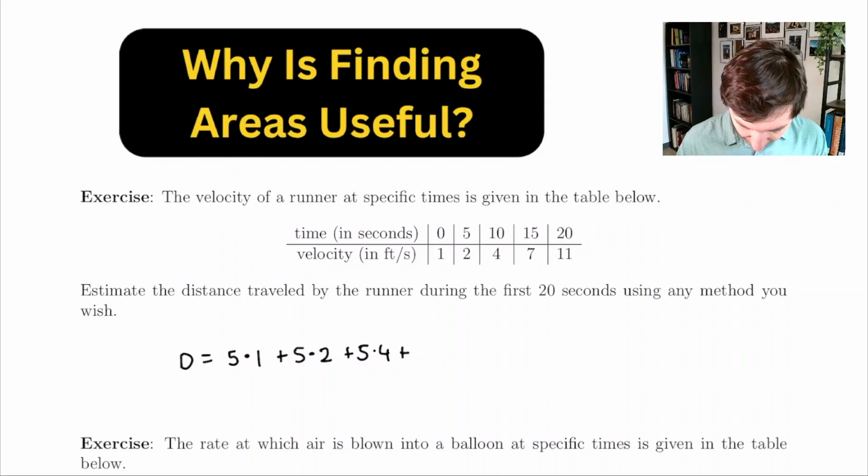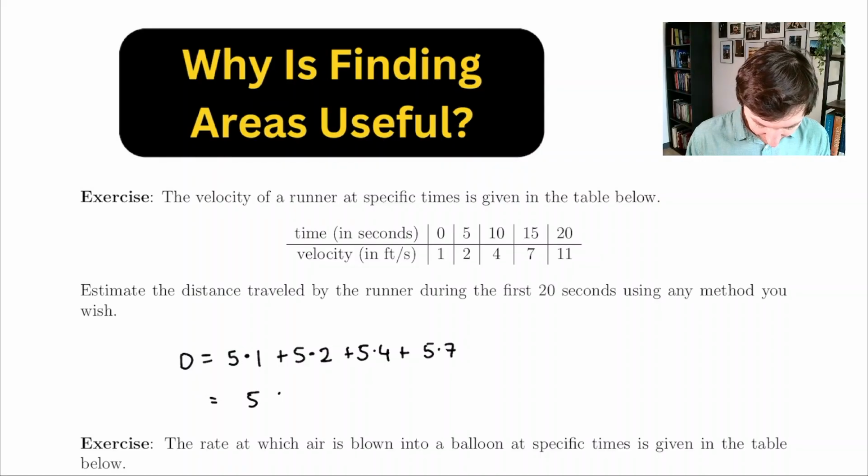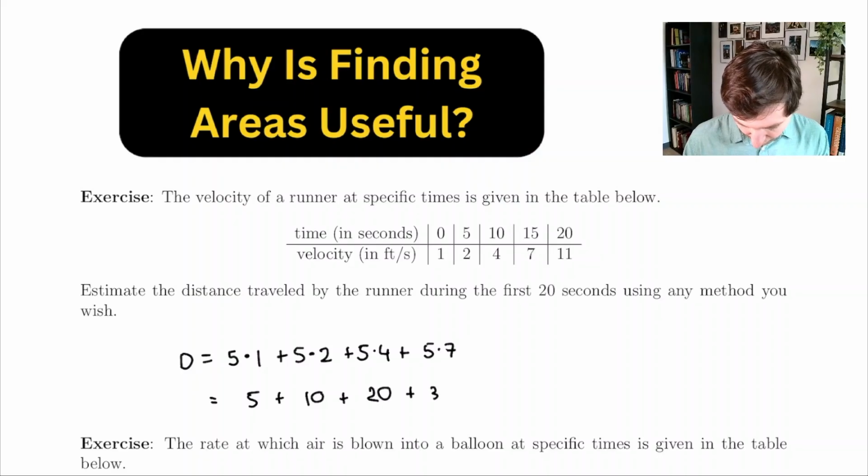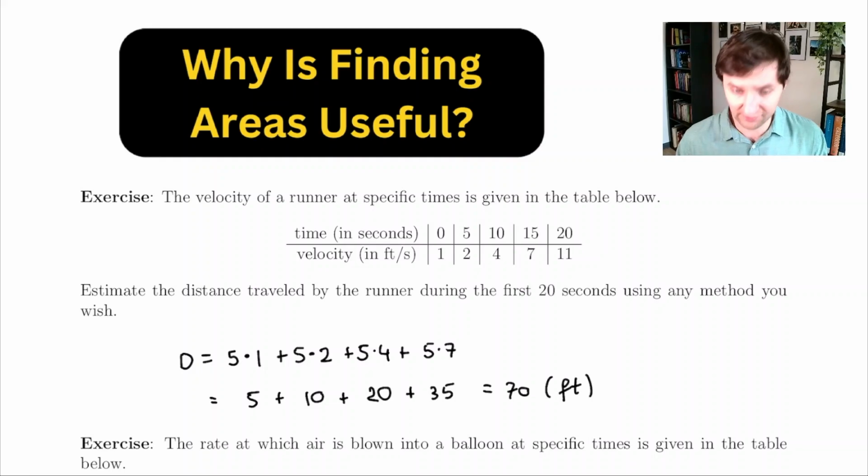Finally, I will get 5 times 7. When I compute these numbers, I will get 5 plus 10 plus 20 plus 35. When I add these numbers, I will get 70. This tells me that the approximate distance was 70 feet.